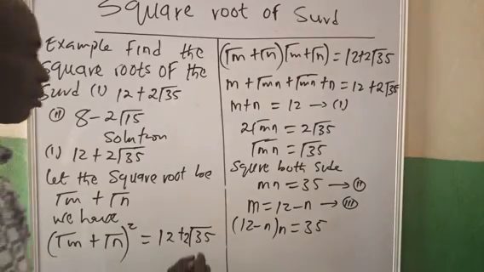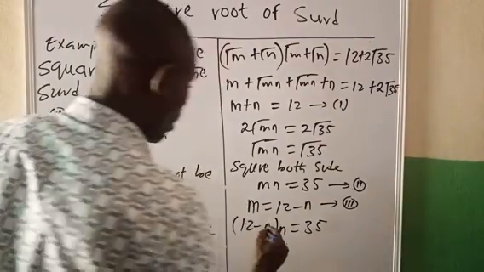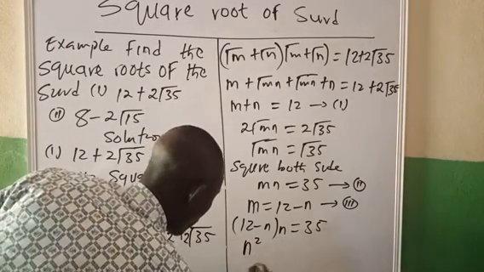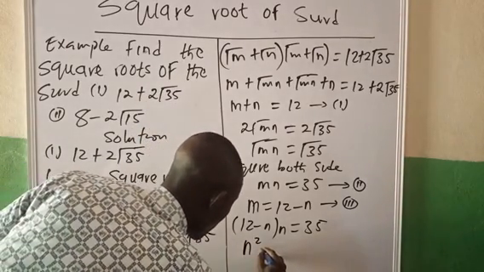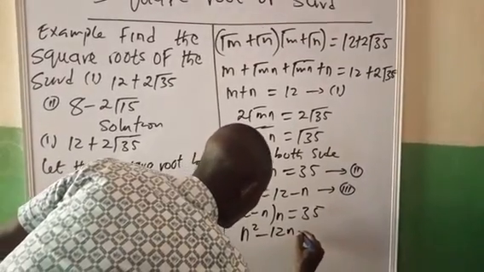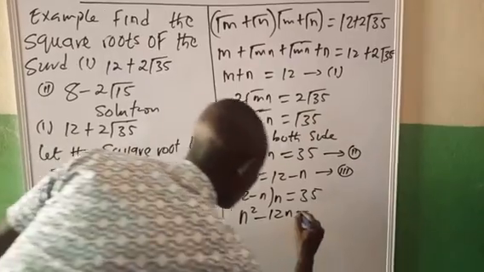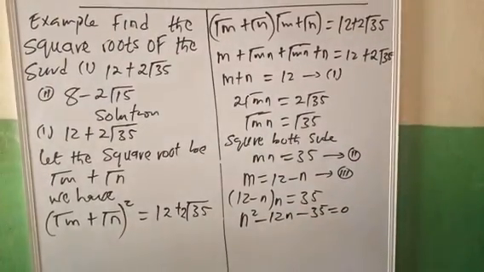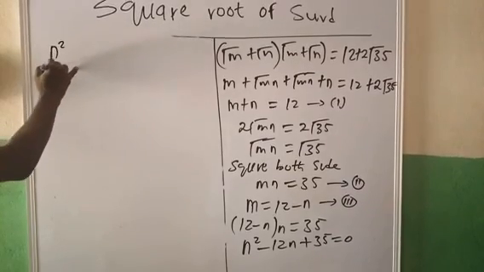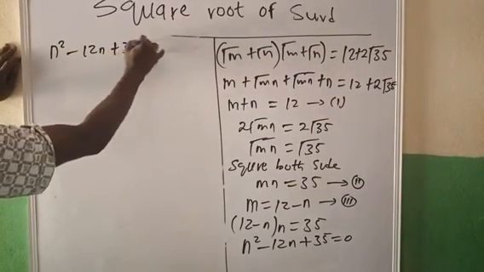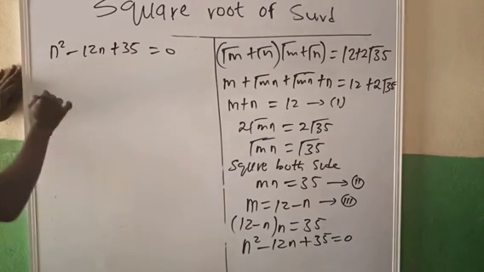And this will be n squared minus 12n plus 35 is equal to 0.